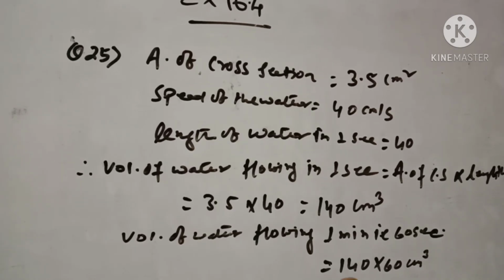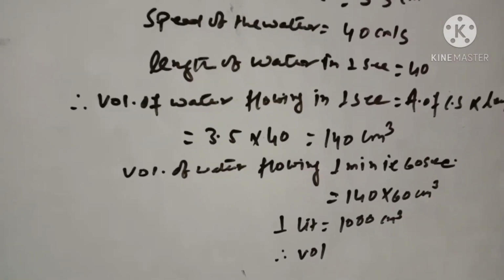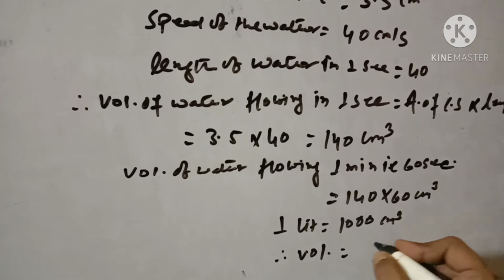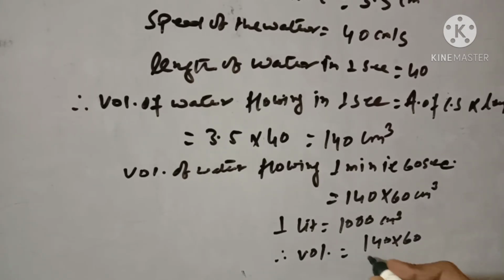But as we know, 1 liter equal to 1000 cubic centimeter. Therefore volume equal to 140 into 60 by 1000 liter.